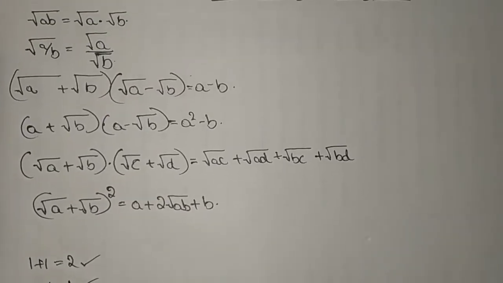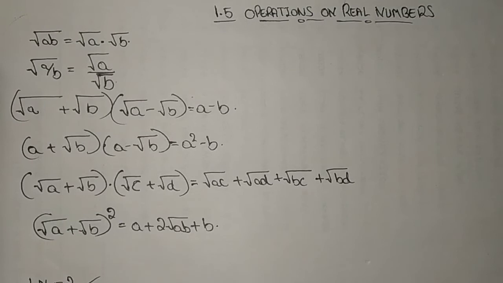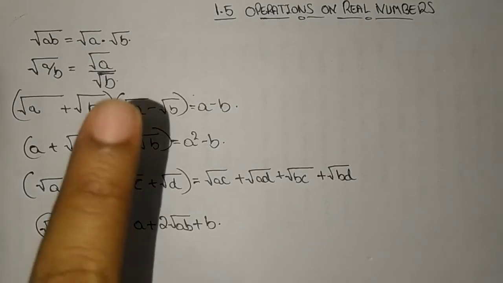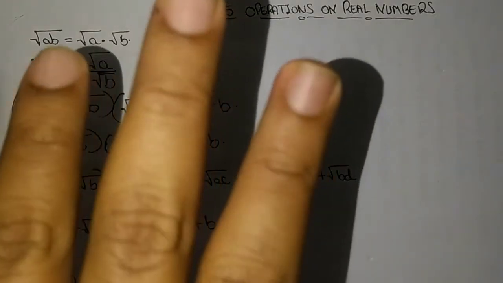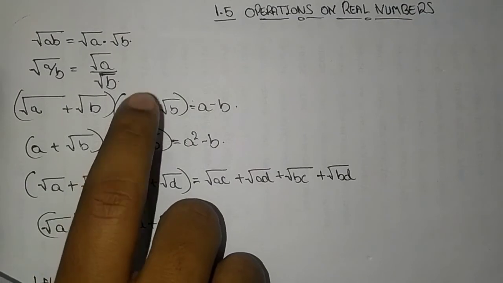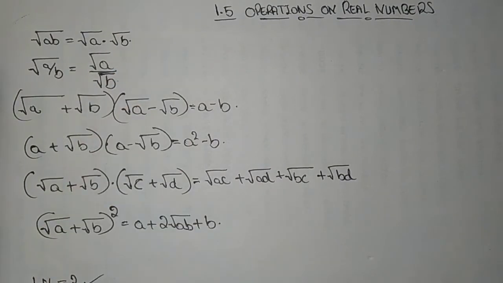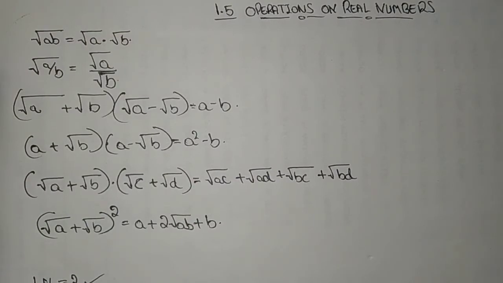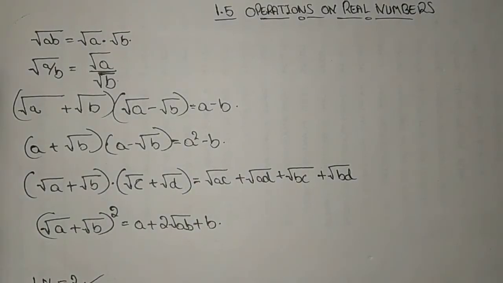Now the concept of operations on real numbers is to teach you how to do operations such as addition, subtraction, multiplication, division on real numbers, in the sense of irrational numbers. You know the concept of square root that is taught to you in your previous classes. Most square roots give you what?